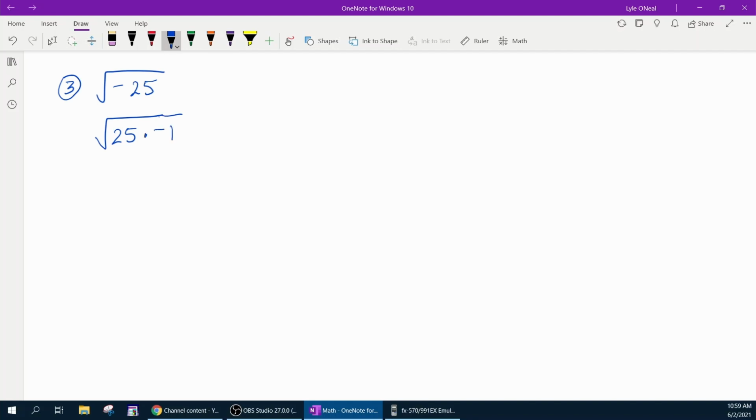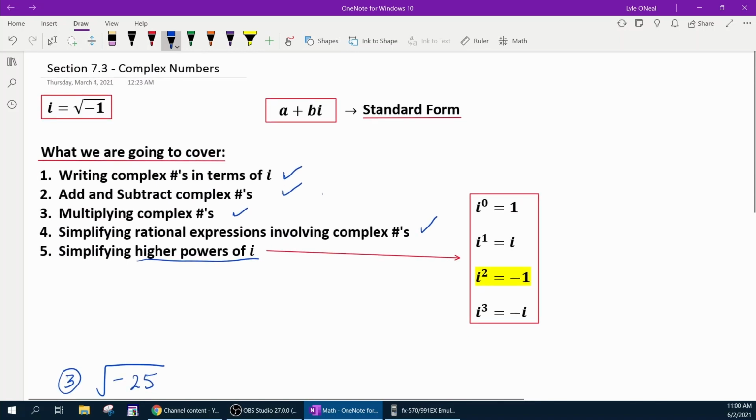And since we know that factors under a radical can be separated into their own radical symbol, they were able to break off this smallest negative factor, which is the square root of negative 1, and then they gave that a value. So that's where you need to know this first piece of information, and that is I is the square root of negative 1.